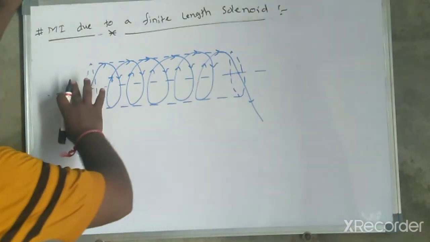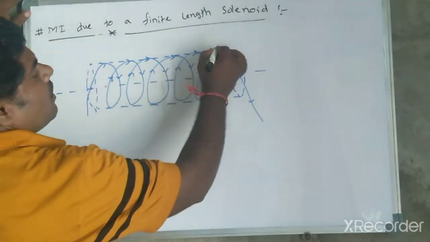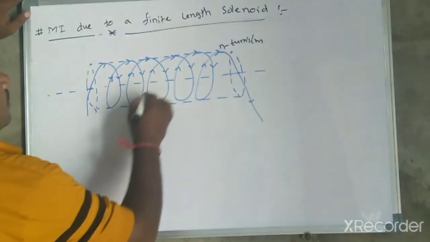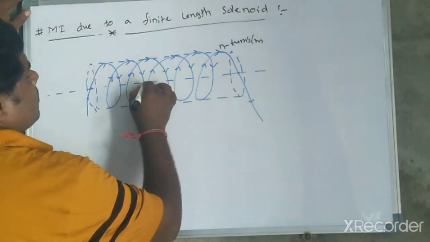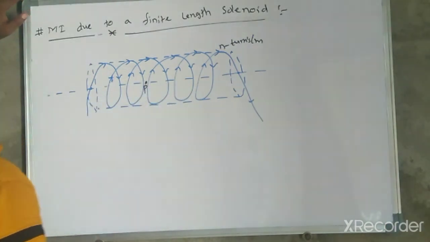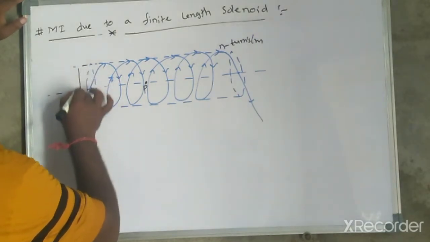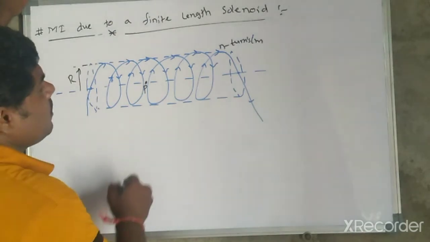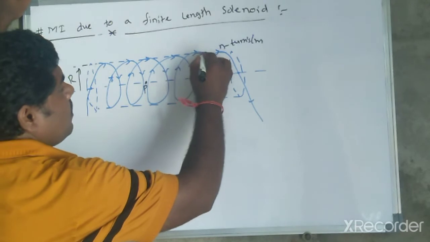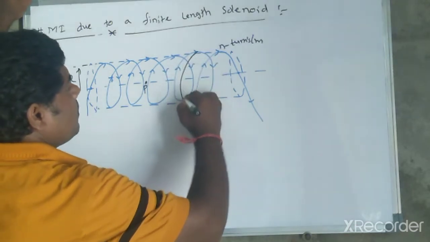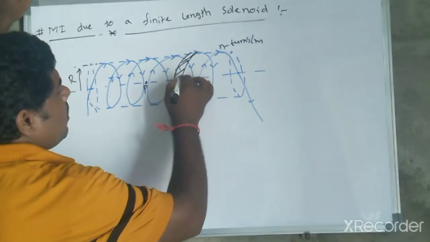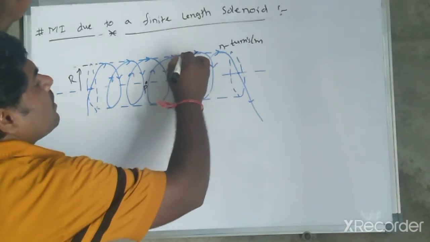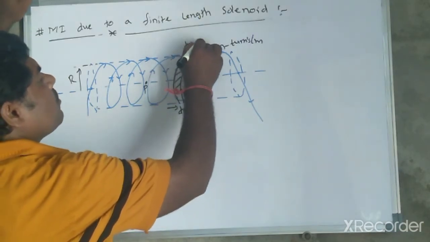This is a finite length solenoid with n turns per meter, and this is the center point, P. The radius is capital R. Let us consider a small element of width dx, with small elemental turns dn equal to n into dx.